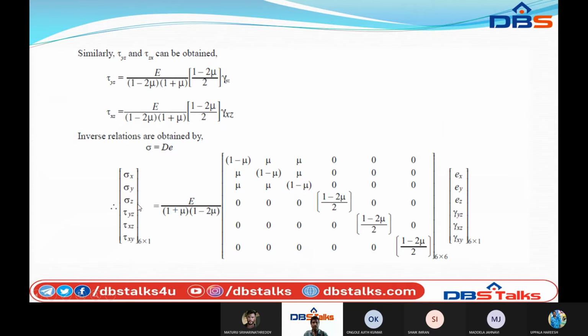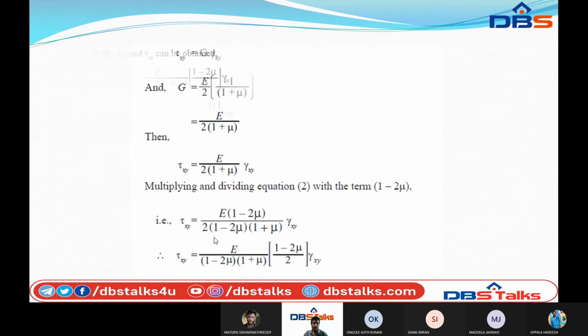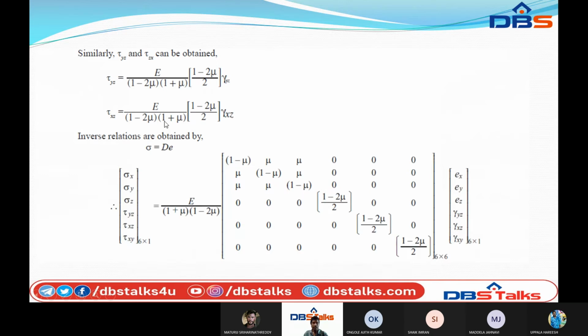Similarly for sigma y and sigma z. For tau yz, I am taking the value of tau yz. It will be all zeros, only 1 minus 2 mu by 2. Mu yz will be written in the shear strain conditions. Okay, observe that I am taking E by 1 minus 2 mu and 1 plus mu as common, and the term will be 1 minus 2 mu by 2.